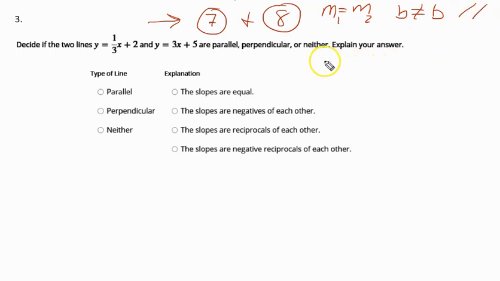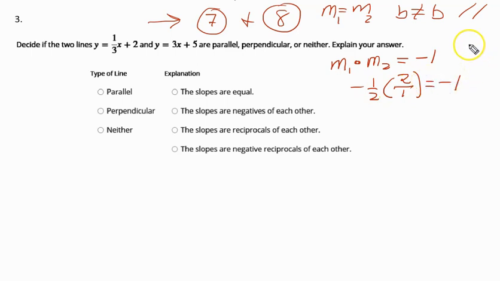We also said that for number 8, if you took the slopes and multiplied them, and the product of that multiplication was a -1, such as -1/2 times 2 over 1, that is the opposite sign reciprocal, this would be a -1, the lines were perpendicular.